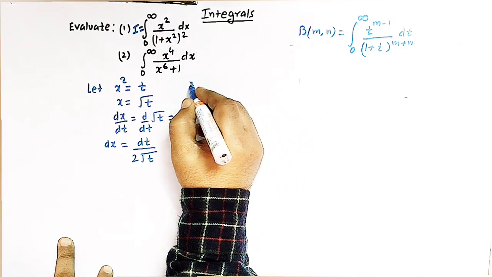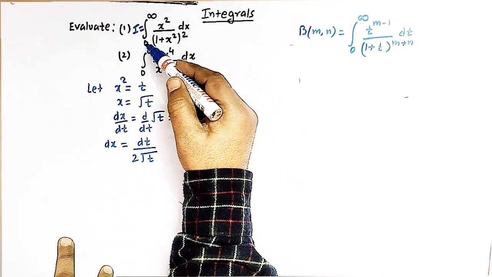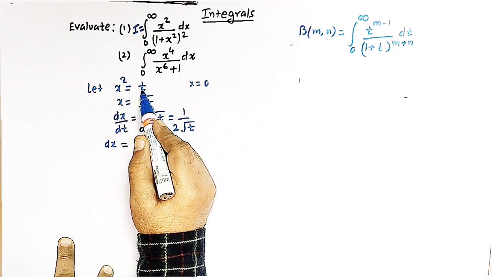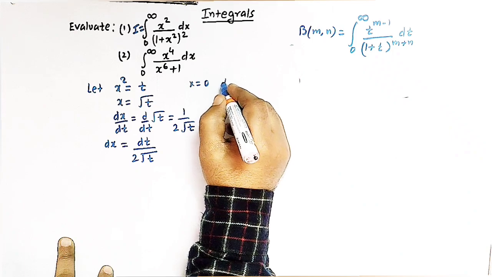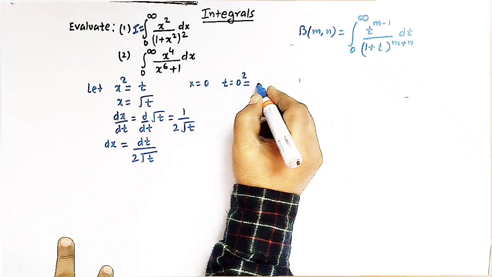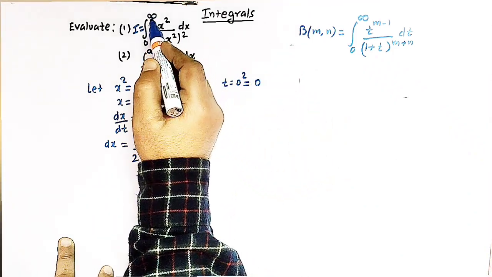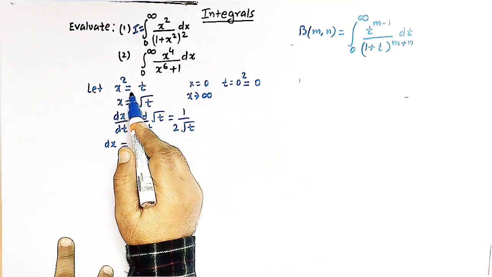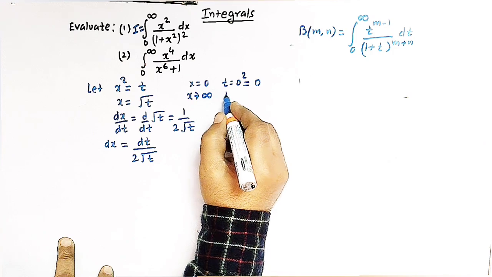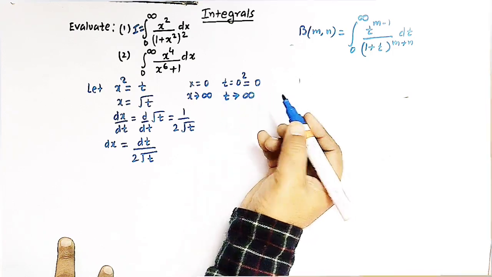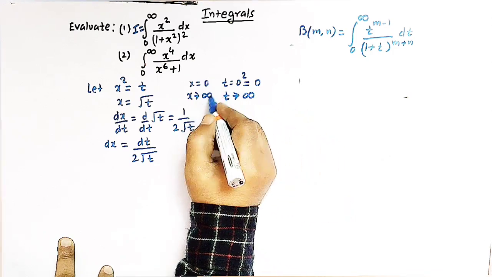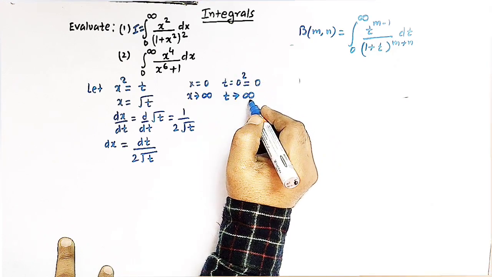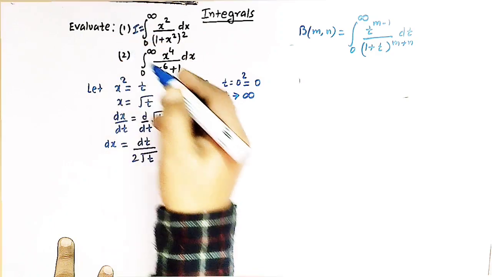So when x is equal to 0, then the value of t can be obtained from this relation. So t is equal to 0 square, that is equal to 0. And when x tends to infinity, then from this relation we can see that t also tends to infinity. So when x changes from 0 to infinity, t also varies from 0 to infinity, right? So the limits remain the same.